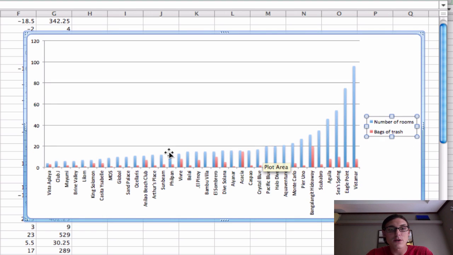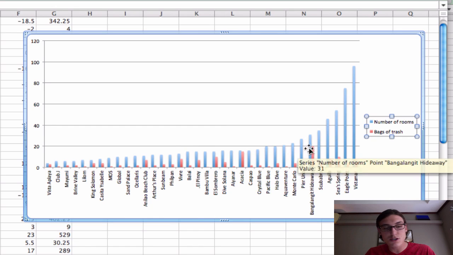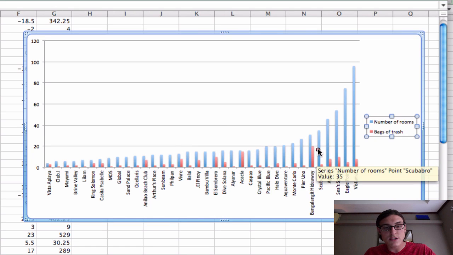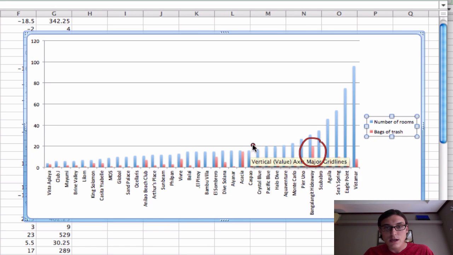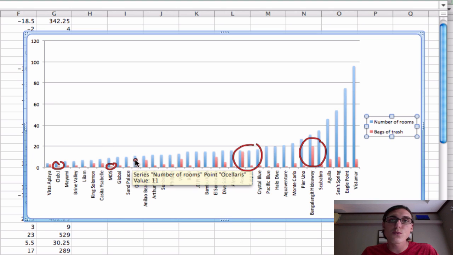So, for example, I have set it by number of rooms from least to greatest, and you'll see that that weak positive correlation does show up a little bit. You'll notice that it shows up a little bit right here, right here. Okay, there's a small amount right here, small amount right here. You could point these out, and remember, any annotations that are 10 words or less aren't counted in your word count.